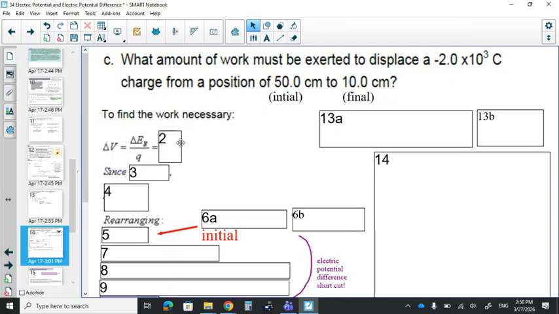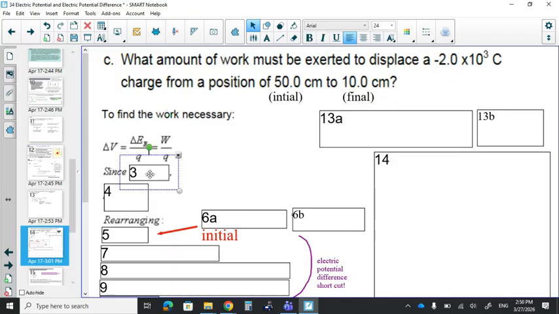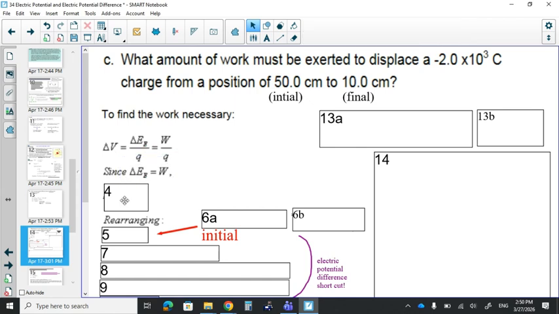So it'd be like, oh well, the difference in the electric potential, like the electric potential difference per charge, would be the work done per charge. And then they say here, since the work done is the same as that change in energy, we can get that change in energy from the electric potential difference concepts, right?